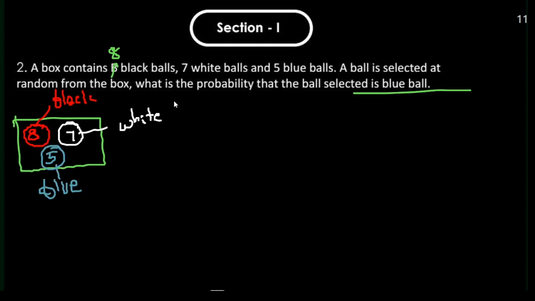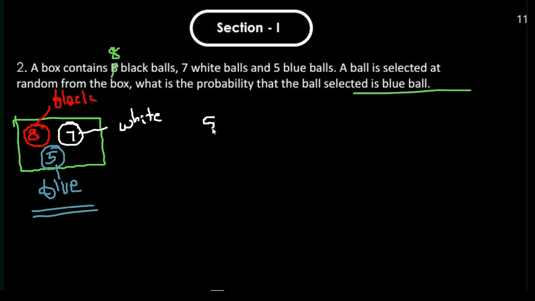Now what they're doing is picking one ball randomly. The question is, what will be the probability of getting only a blue ball? Here we need to start from the sample space.